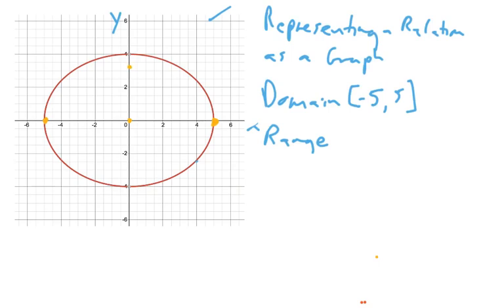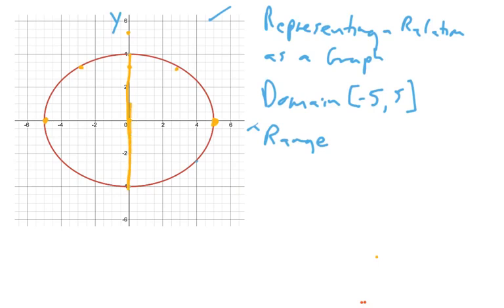Similarly, this is in the range. That's a y value, and if you look, there are 2 points that have that y value, and so that's part of the range. Another point up here would not be in the range. There's no point on the graph with the same y value. There's nothing up there. So I think you can see that the range would again be an interval of numbers.